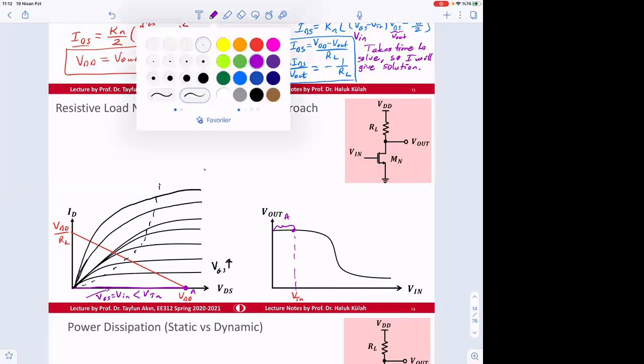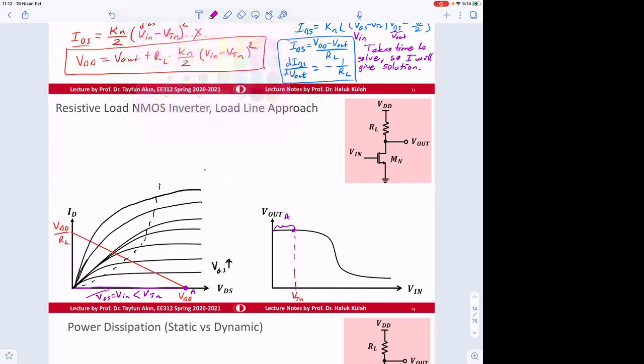So the second one is going to be maybe this one. And for this one, the voltage needs to be determined here, VDS, because V out is also equal to VDS. So that second solution is going to be somewhere around here. It's not really shown nicely.